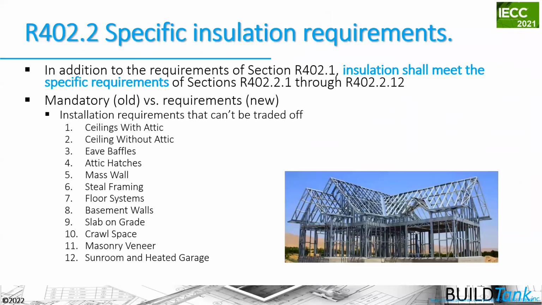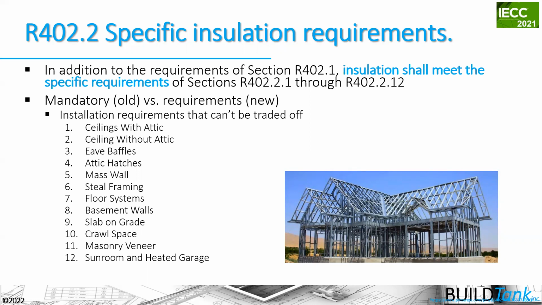The other thing that we need to know is that there are specific requirements in other areas of the code. So specifically in this R402 section, there's this R402 section that goes from R402.2.1 through .12. So there are 12 things that are talked about in this section of the code that include requirements, starting with ceilings with attics and ending with sunrooms and heated garages.